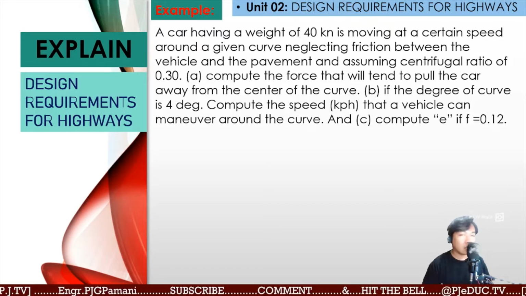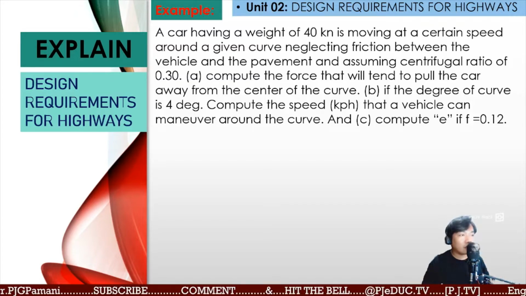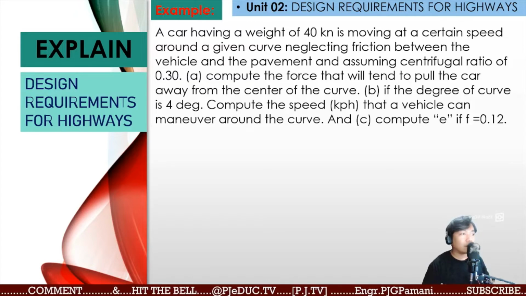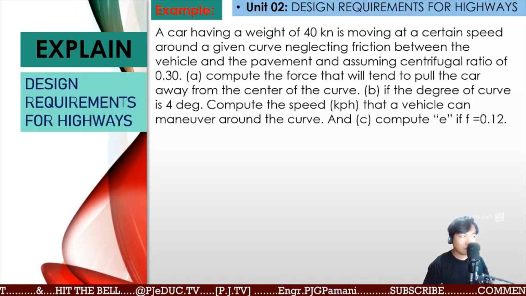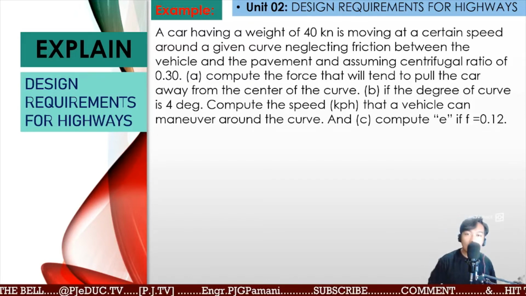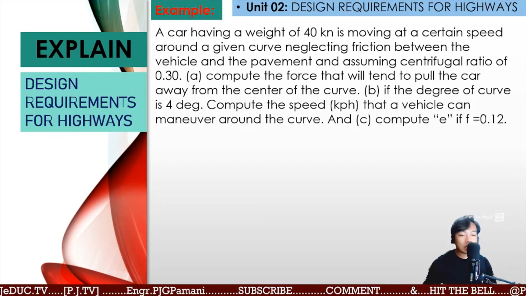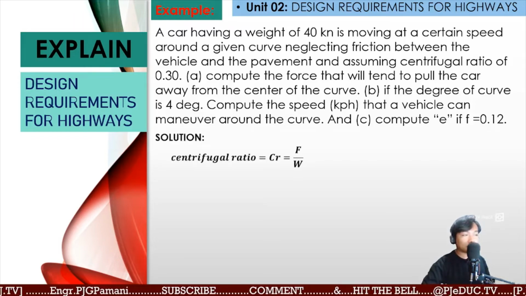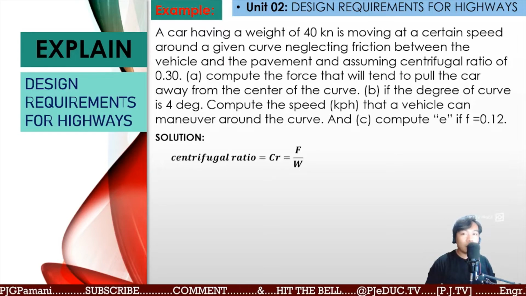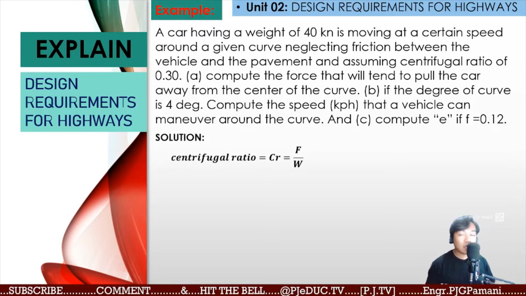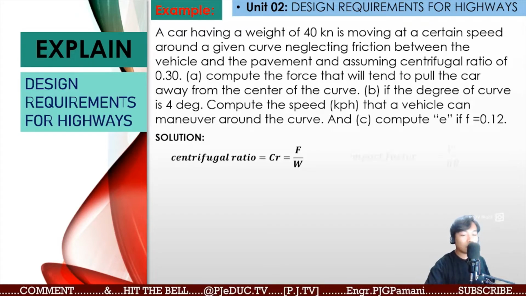So mag-skid. If the degree of the curve is 4 degrees, compute the speed, in kilometers per hour, that the vehicle can maneuver around the curve, and compute the super elevation E if the friction given is 0.12. Centrifugal ratio is basically CR equal to the given force over the weight of the vehicle.